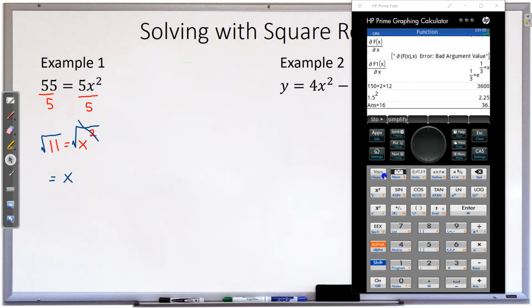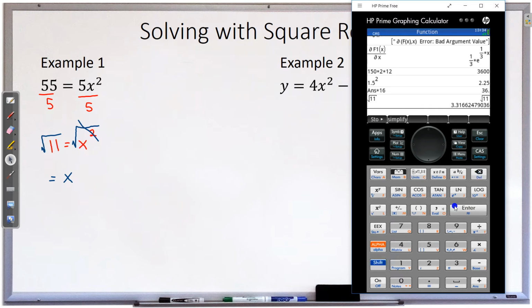So we need the square root of 11. Oh, it didn't give me the exact answer there. 3.31.